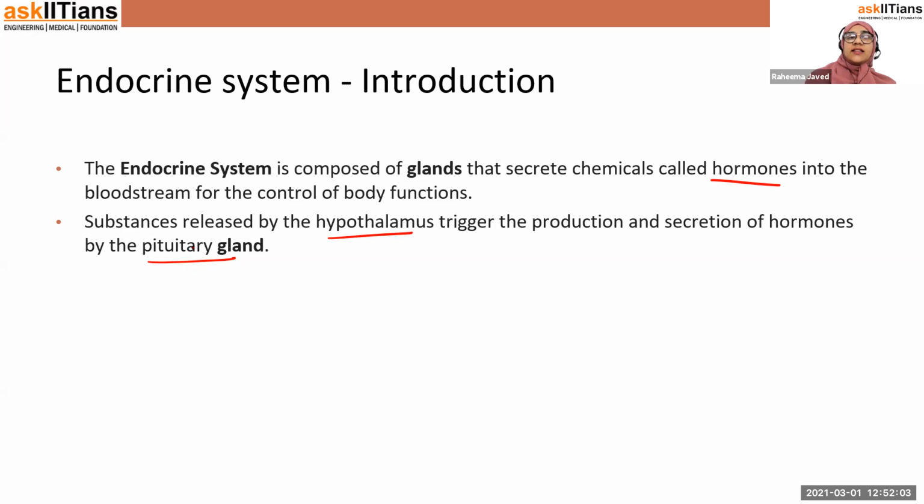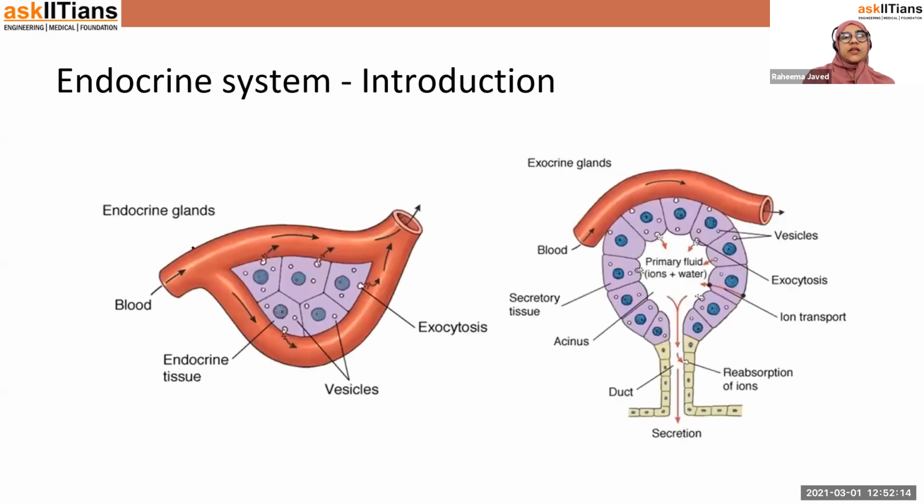So the first gland that we are going to begin with will be hypothalamus, but before that we will see what is the difference between an endocrine and an exocrine gland. Basically, an endocrine gland is a gland which pours its secretion directly into the bloodstream. But exocrine glands do that via a duct. They do not pour their secretions directly.